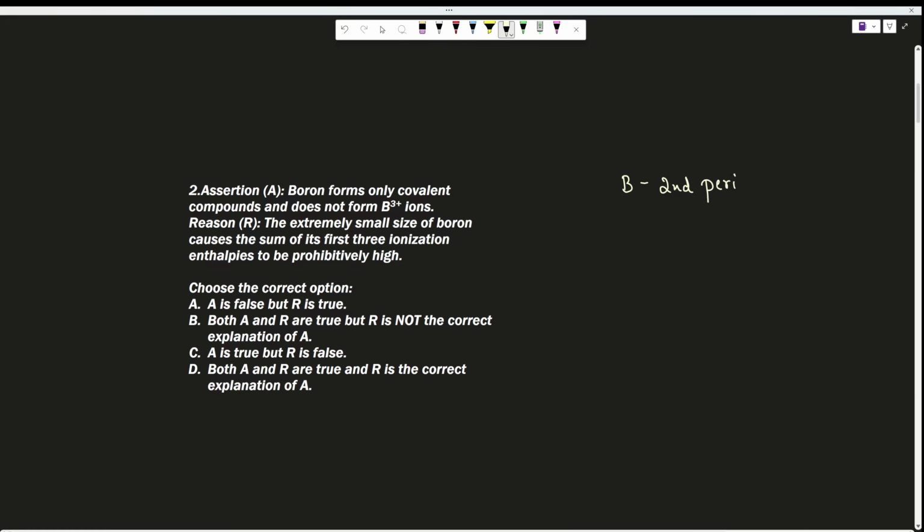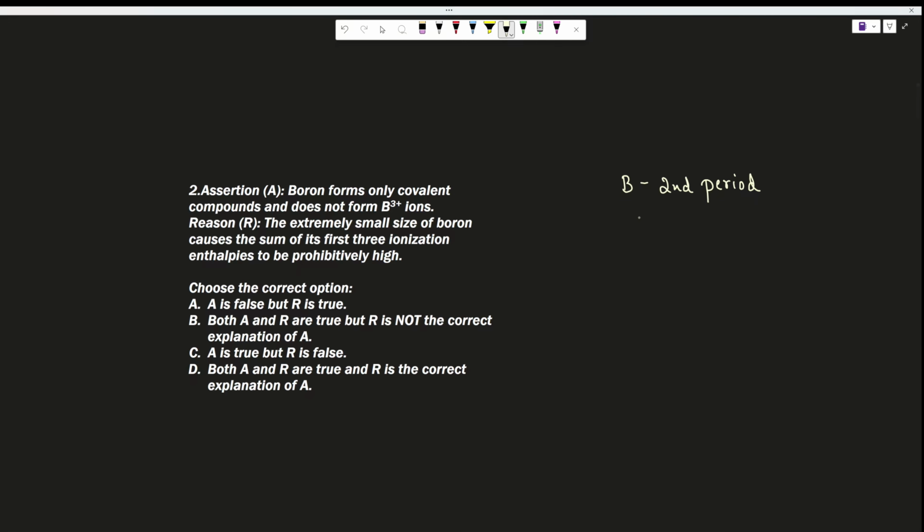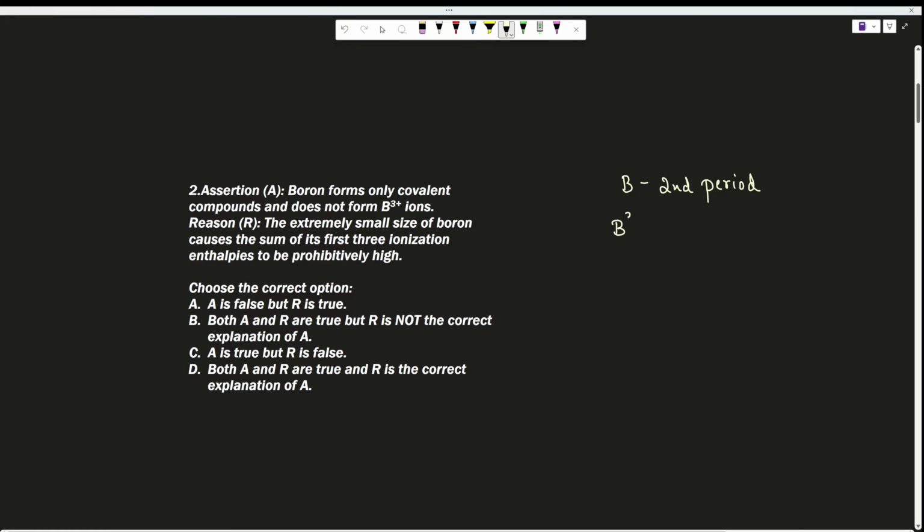In the last video, we have seen anomalous properties of second period elements. So, boron being very small in size, has very high ionization energy. And when you take the first three ionization energies, the amount of energy will be enormously high. So, it is very difficult to form B3+ ions. B3+ ions cannot be formed.